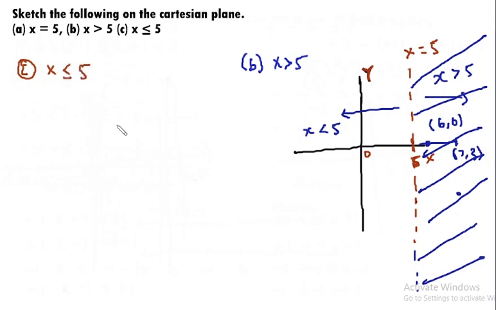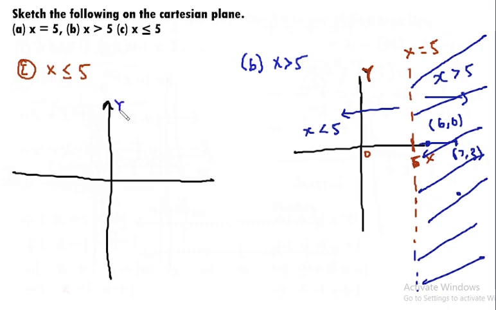Let's draw a Cartesian plane. So this is our Cartesian plane. This is our y-axis. This is our x-axis. Supposing our point of 5 falls here, so this is our point 5 and this 0. Since the inequality is less than or equal to 5, we'll be using a thick line here, not a broken line.